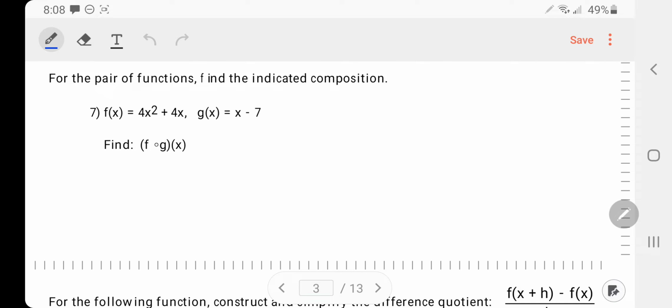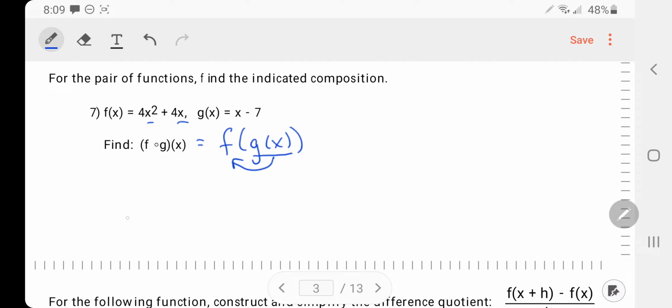Number 7. For the pair of functions, find the indicated composition. And so this time we're finding f circle g. That means we're going to do f of g of x. And that means that we're going to plug the entire function g of x into f for every x, okay?